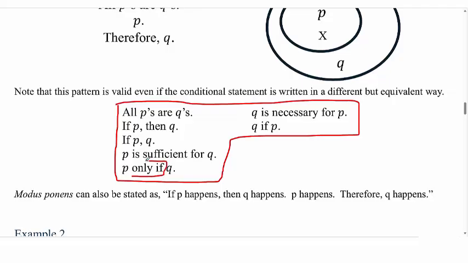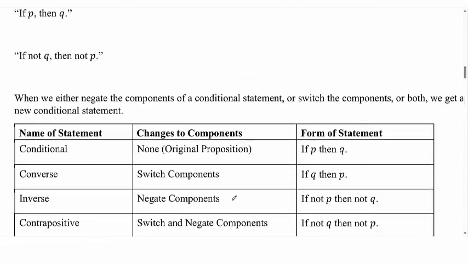This statement, P only if Q, this statement form is what we're looking at right now. Notice that the hypothesis is at the beginning and the conclusion is at the end. So if we want to write it in if P then Q format, we just keep the order the same and change the wording a little.